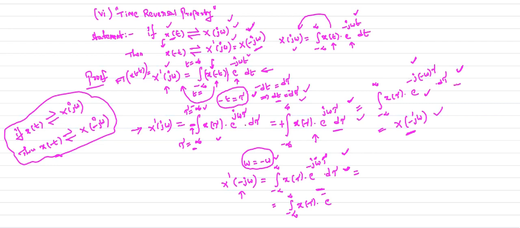Now what is the equation? Here this equation is x of minus j omega, because x of j omega is the integral of e power minus j omega t. So what is x of minus j omega? e power j omega tau d tau. So this is the right hand side. So this is about the time reversal property. This is all for this class.